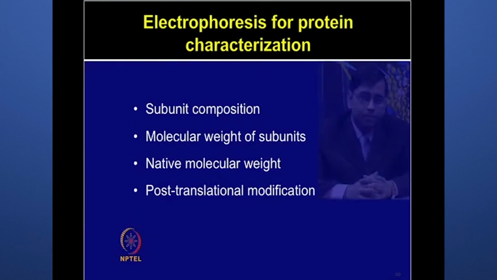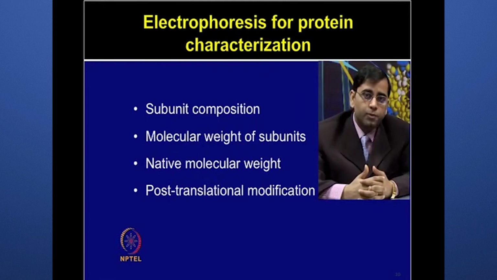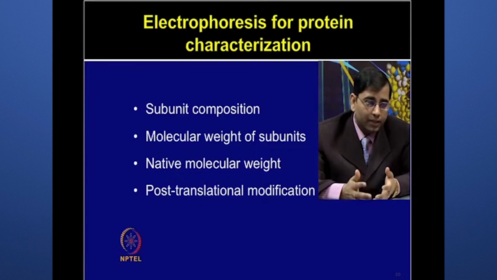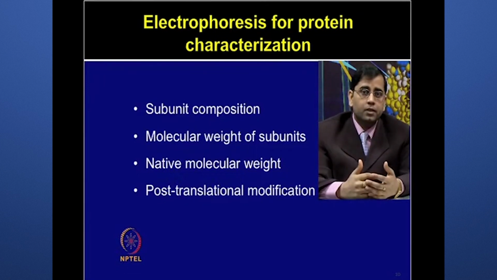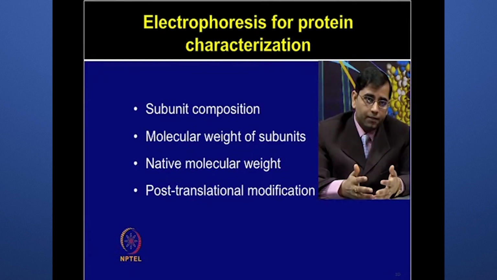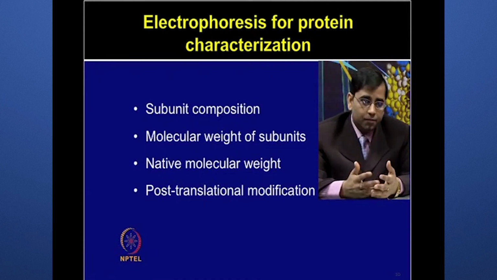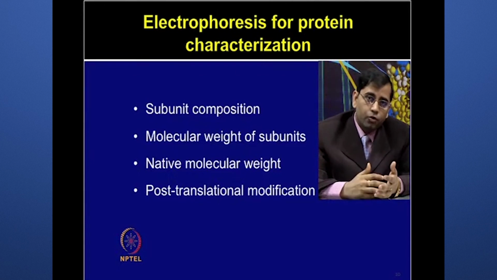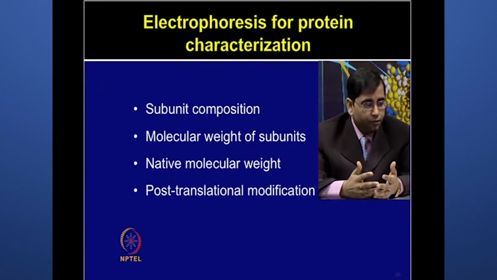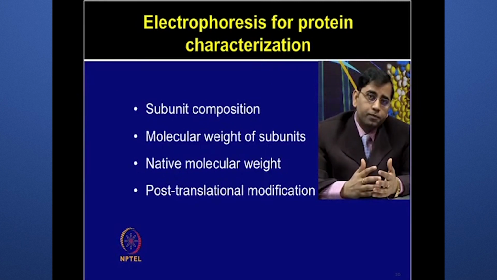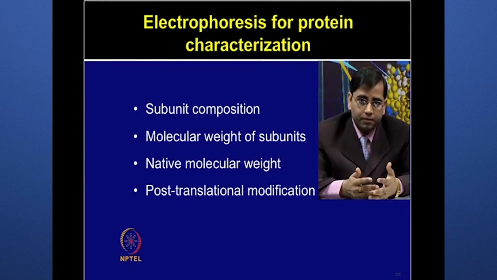Electrophoretic techniques can be used for protein characterization to study different properties. For example, the subunit composition of the proteins. What is the molecular weight of those subunits? What is the molecular weight of native proteins? Different types of post-translational modifications.